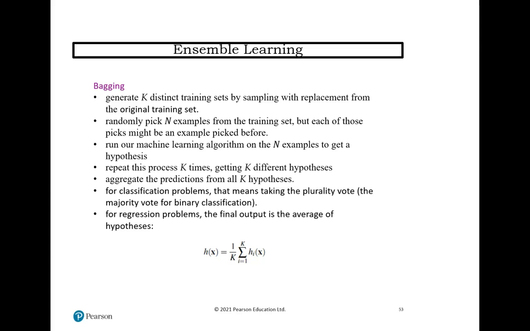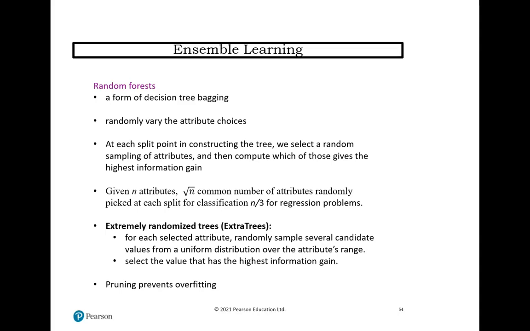For classification, we can just take the majority vote. So for example, if I trained 11 models or 15 models and 8 of them say class 1 and 7 say class 0, then I'm going to go with the majority. So that's how we generate a set of models that are not the same from the same data.